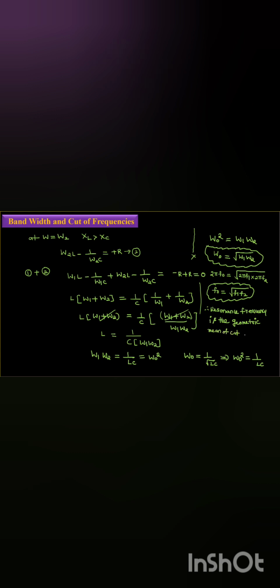F1 is the lower cutoff frequency, F2 is the upper cutoff frequency. That is the frequency in hertz. Omega 1, omega 2 are also the angular frequencies. Resonance frequency is the geometric mean of cutoff frequencies. Okay, for this formula only, I derived this concept.